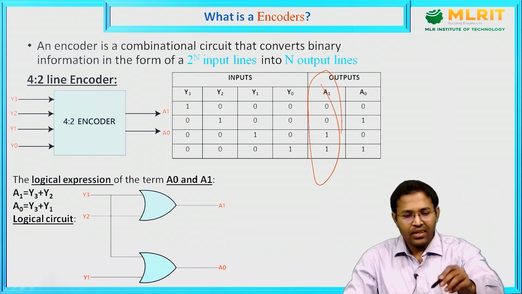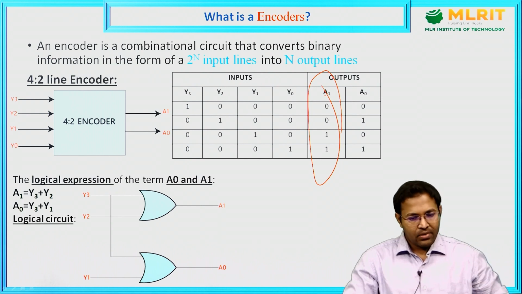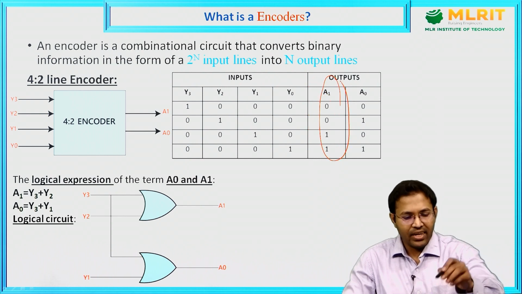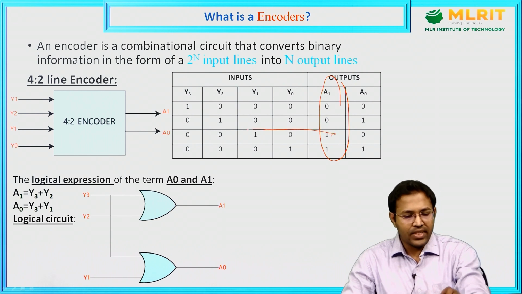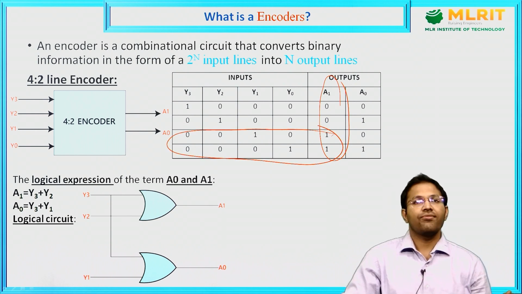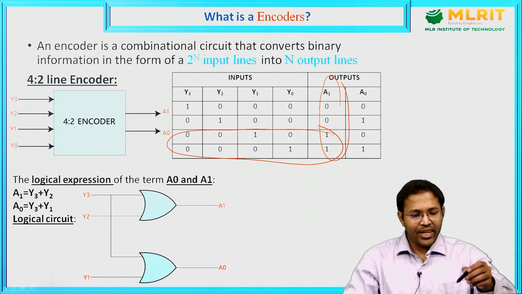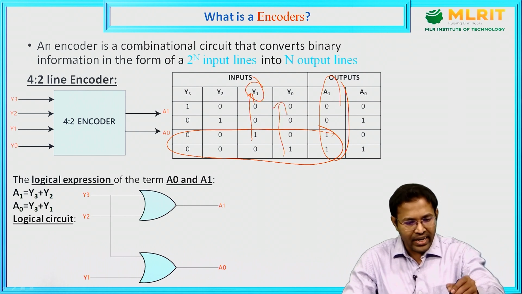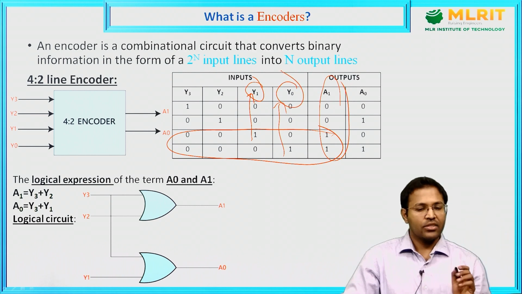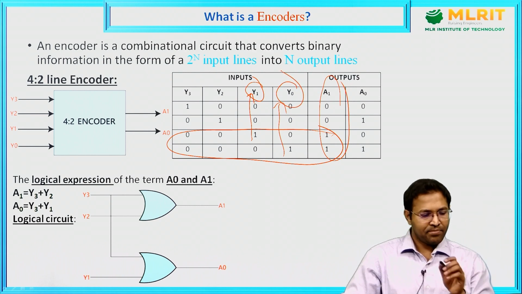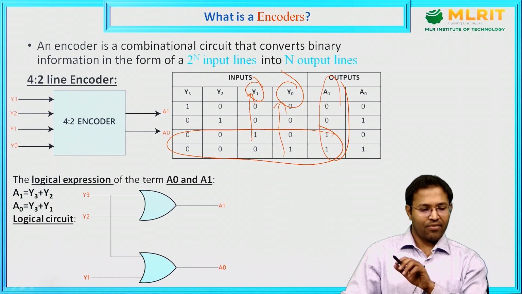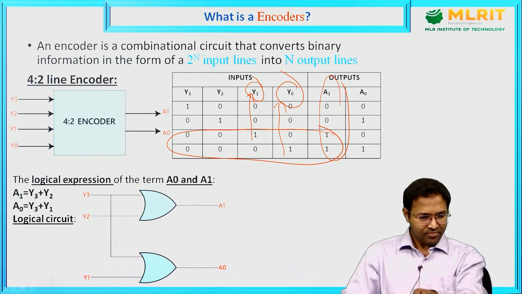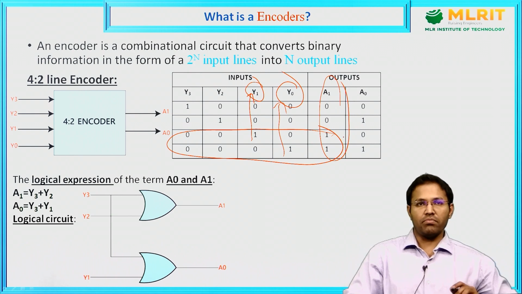Check A1, where all A1 has 1s, these 2 places. Where you have 1, you have a 1 at y1, then you have a 1 at y0. So in such a case our expression for A1 can be given in such a form.